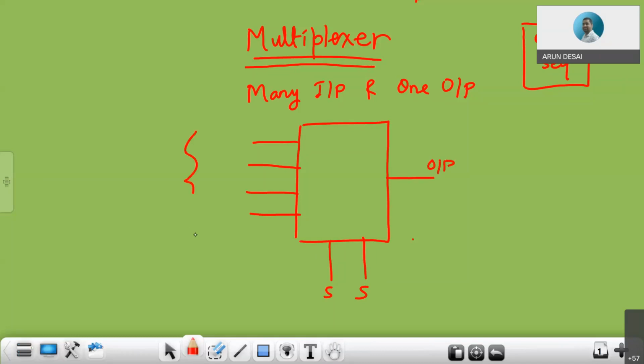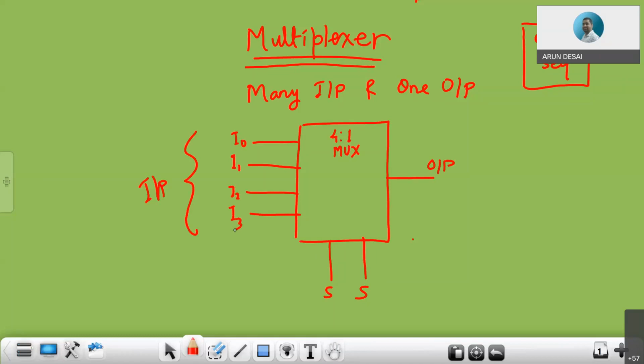So those are inputs. This is basically a multiplexer, and there are many types. What you see on your screen is a 4 to 1 mux. You have many inputs: I0, I1, I2, and I3.